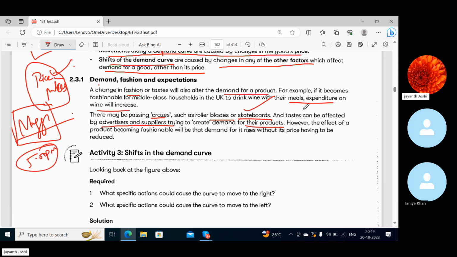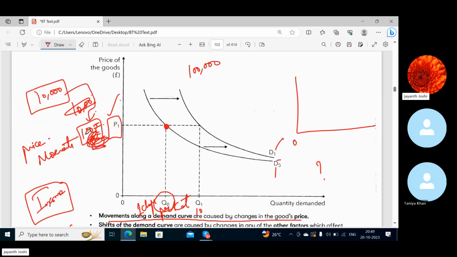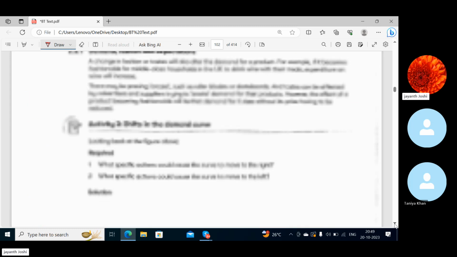That's it. However, the effect of a product becoming fashionable will be that demand for it rises without its price having to be reduced. So here we saw the price is the same, 100 rupees, I'll write it neatly, but the demand has of course changed from 1 packet to 10 packets, due to a change in another factor, that is income, right?